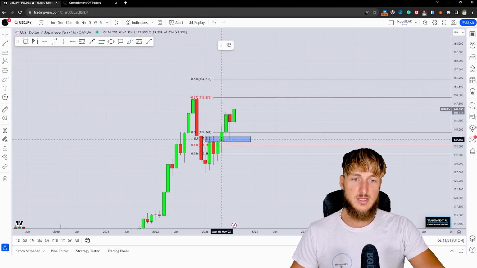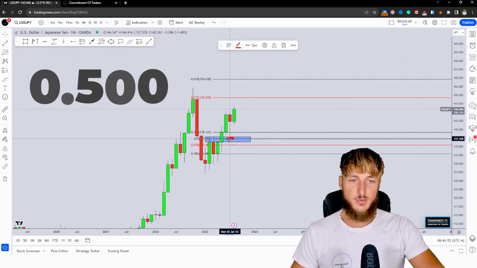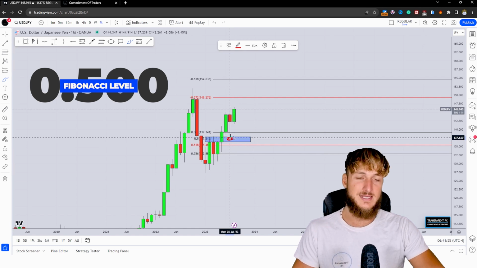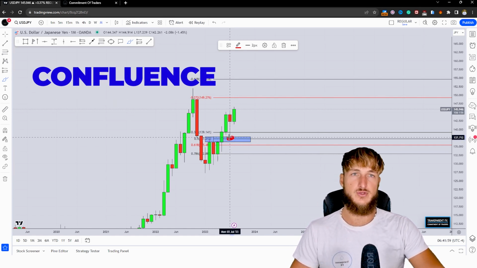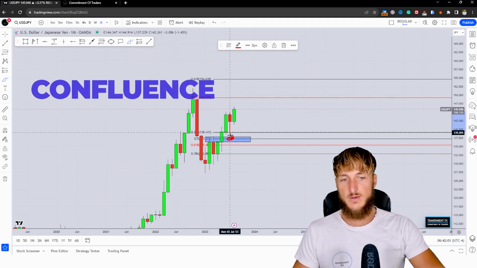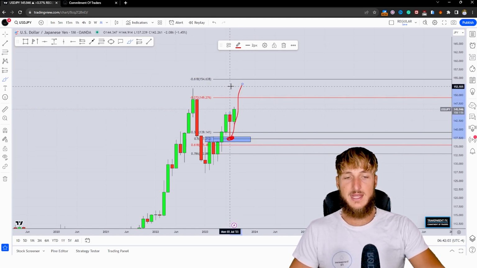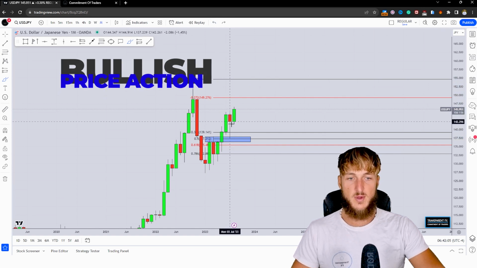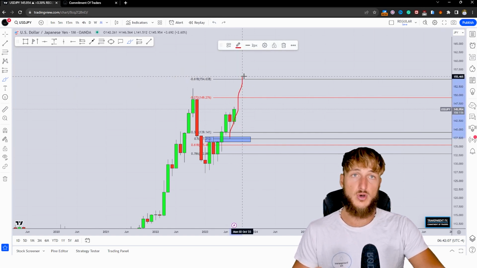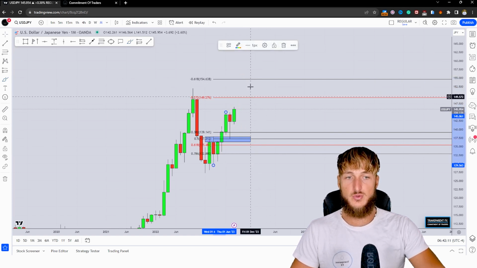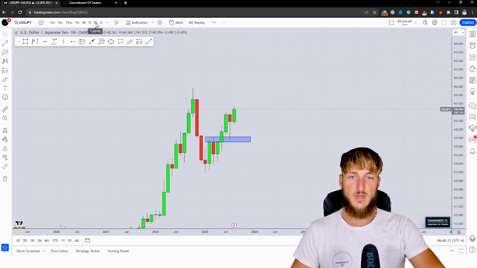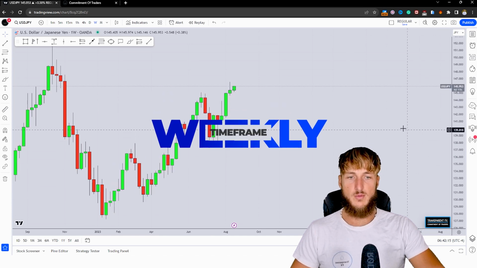And if we do that, we can see how we had a perfect 50% retracement lining up exactly with this previous resistance turned support, creating a confluence of support at this level, which we could in fact expect this market to test and then to reject to the upside. So from a monthly perspective, we could expect more bullish continuation and for the market to potentially create a new monthly higher high.